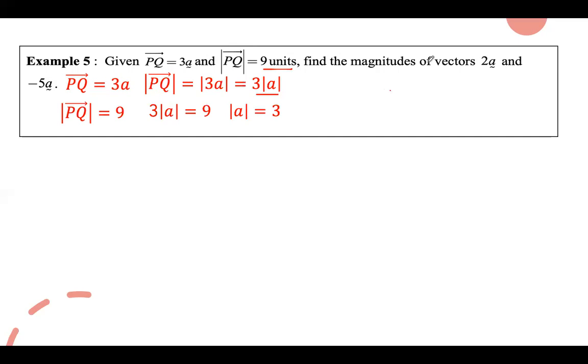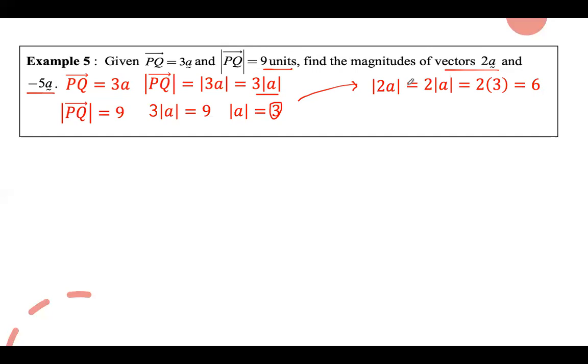Then we can answer: what is the magnitude of vector 2A? The modulus of 2A equals 2 times the magnitude of A, and A here is 3, so we substitute in: 2 times 3 equals 6. The next one is negative 5A.